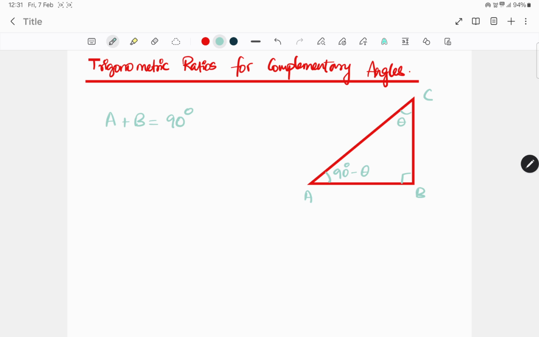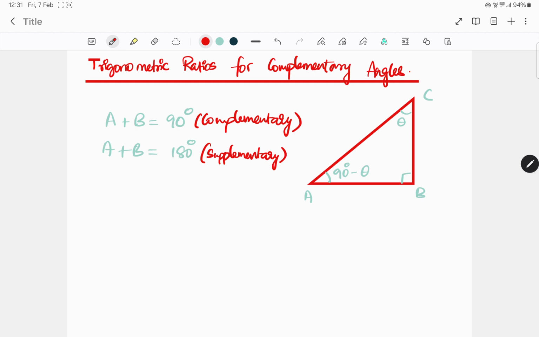Then what is meant by supplementary? When we add two angles, if we get the result as 180 degree, this is called supplementary. Remember, this will be applied in coming chapters. This is complementary.